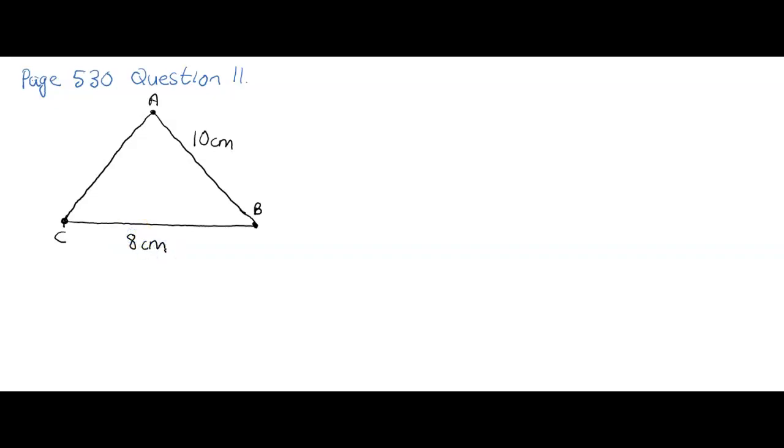And it also tells me that cos of the angle ABC is equal to 5/13. So the angle A to B to C. If I start at A, I come down to B and I go over to C. So it's this angle here that they're talking about.